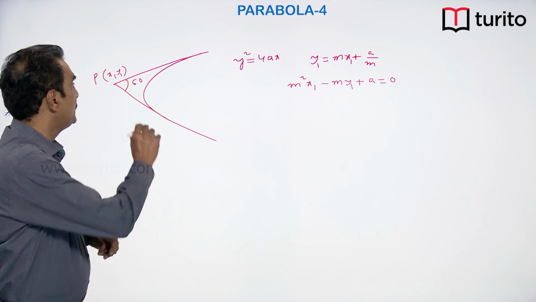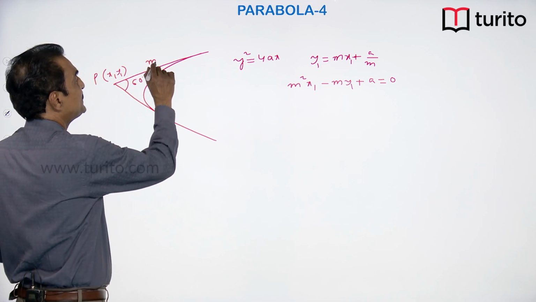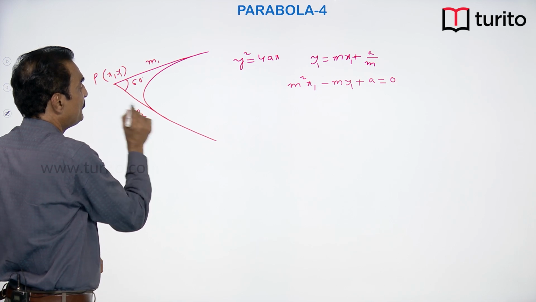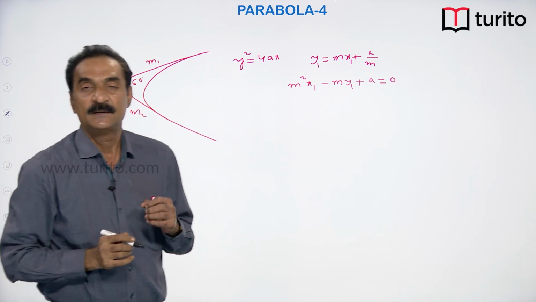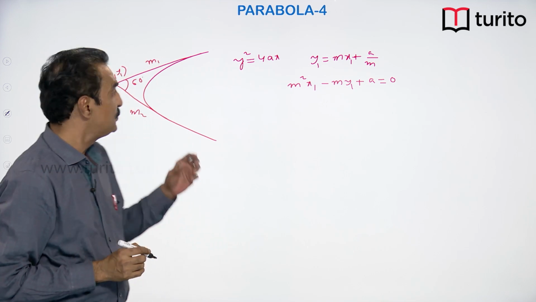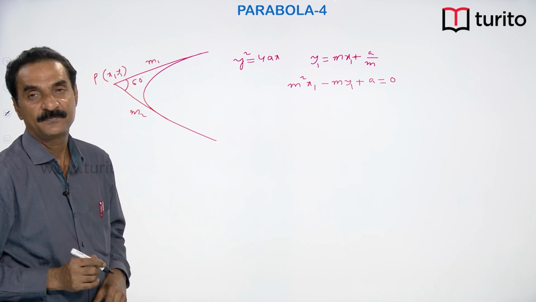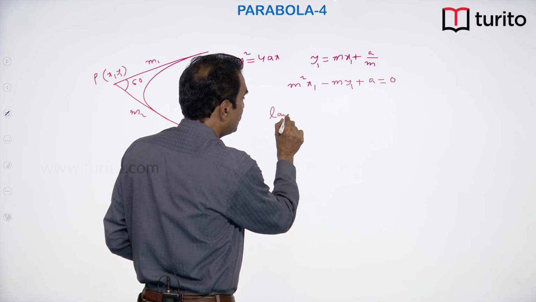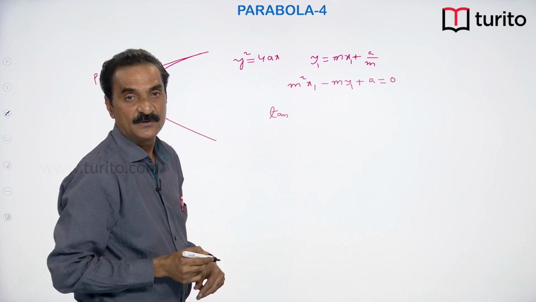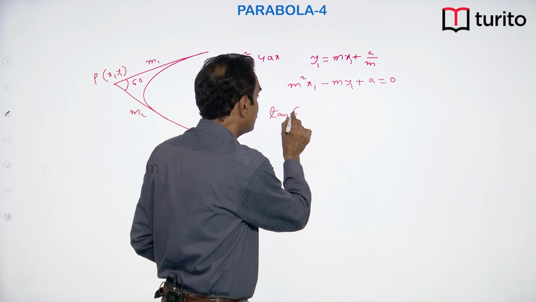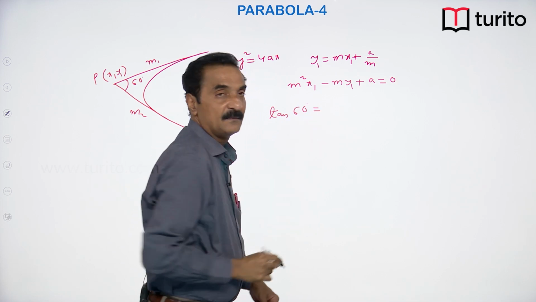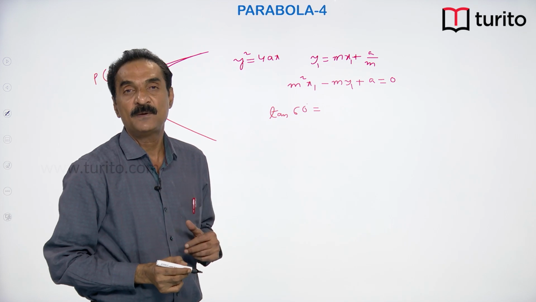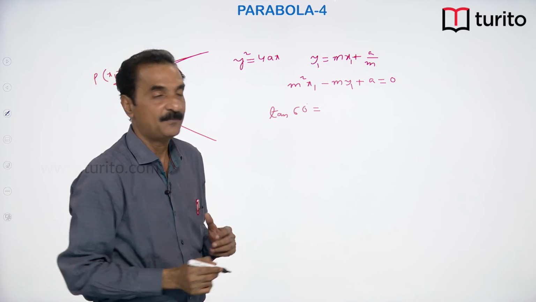Now, if the slopes of these two tangents are m1 and m2, then what is the formula for acute angle between two lines? Tan theta is equal to, here theta is 60 degrees, so tan 60 degrees is equal to, what is the formula? Mod m1 minus m2 by 1 plus m1 m2.